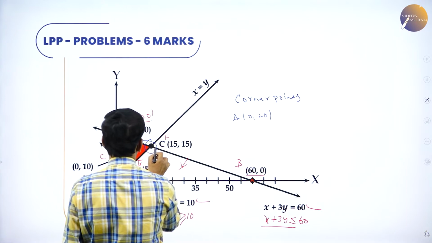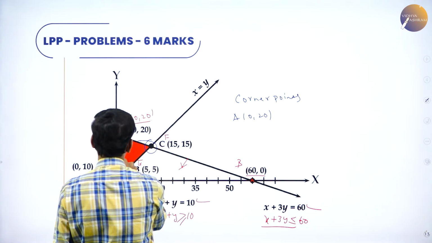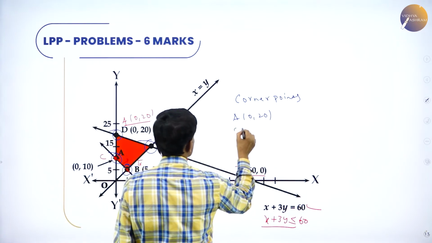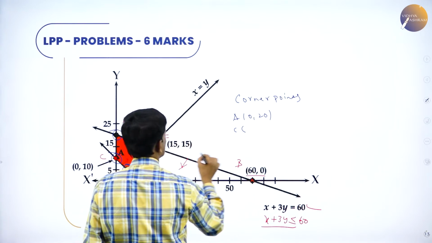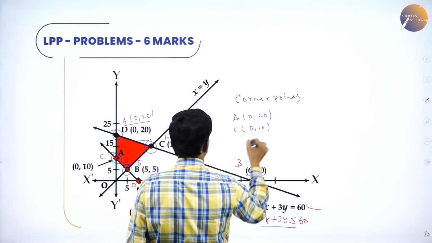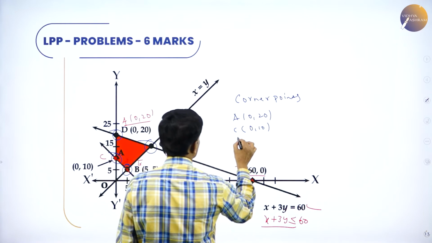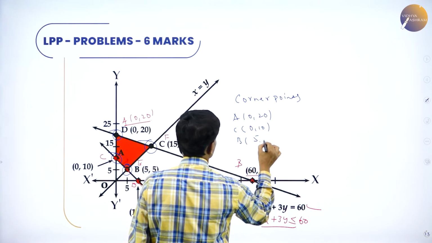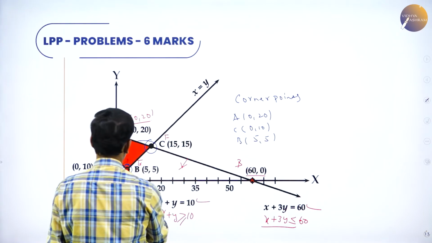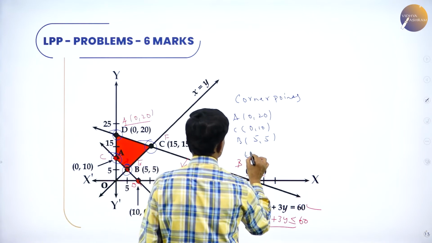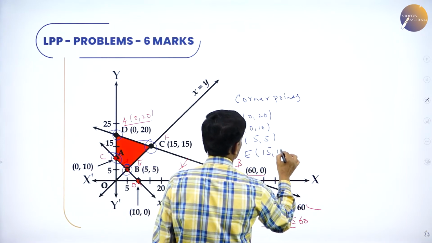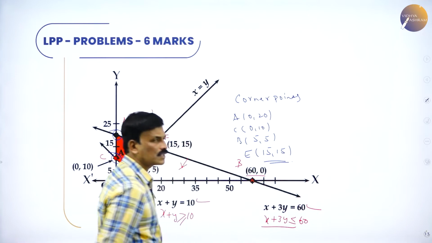Then C: what is C? (0, 10). And then we have B, which is (5, 5), and E (15, 15). So these are the corner points.